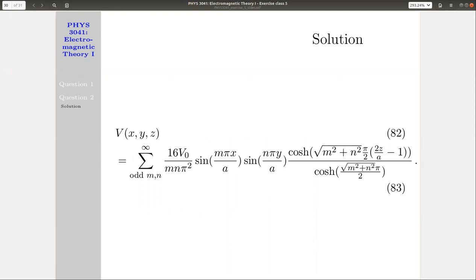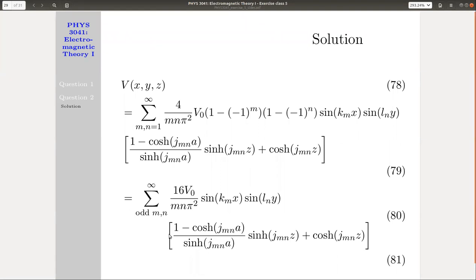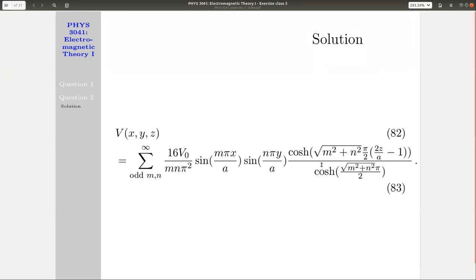You should be able to simplify the two hyperbolic sine functions here to be something like this, which is just one hyperbolic cosine over another hyperbolic cosine. So this is the answer of question 2a.